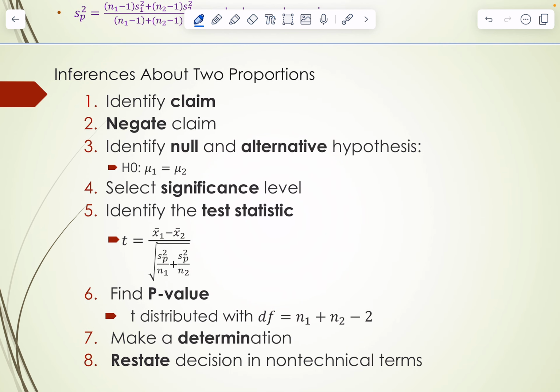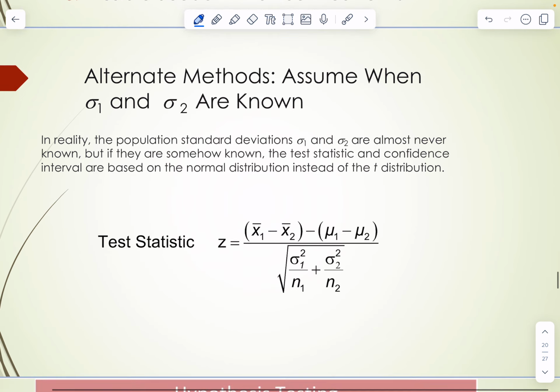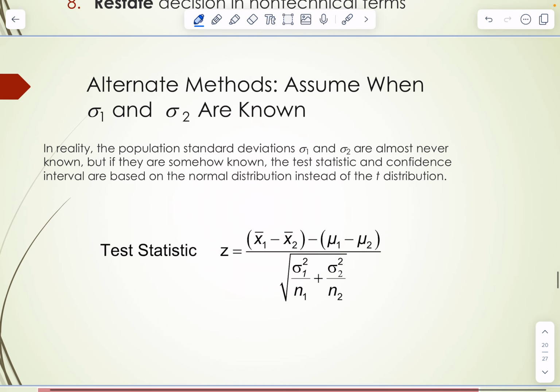Notice the difference in the test statistic. You have SP squared rather than S1, S2, and the degrees of freedom is also different. But other than that, it is exactly the same. Okay, so there's the alternative.